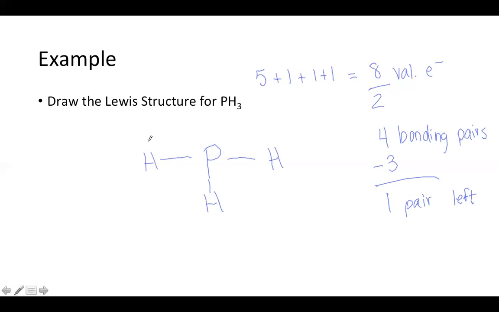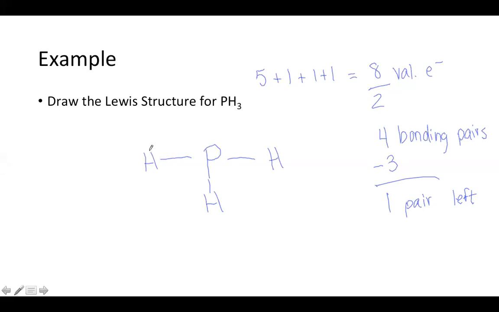Or in our case, since we have hydrogens as the outer ones, it wants to satisfy the duet. So if we look, say, at this left hydrogen here, right now this hydrogen has 2 electrons with it because it's sharing those 2 electrons with this phosphorus.